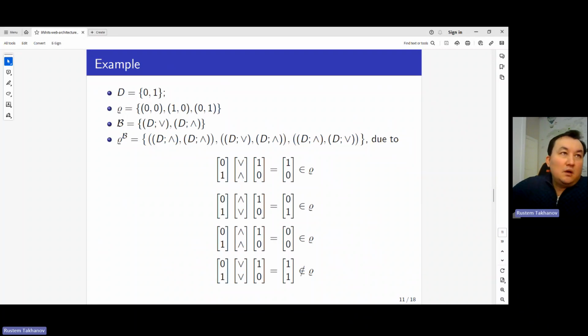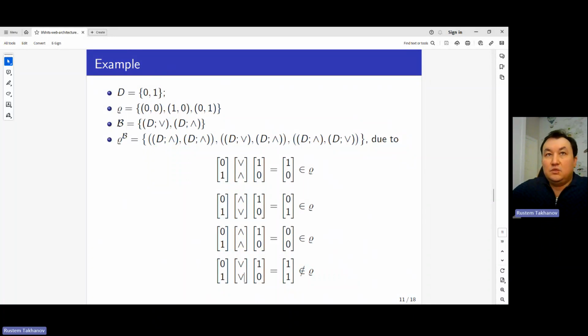It is easy to see that all pairs (conjunction, conjunction), (conjunction, disjunction), (disjunction, conjunction) are going to preserve rho, except for (disjunction, disjunction). Why? It's easy to see that when you apply disjunction, disjunction to two elements from rho, (0, 1) and (1, 0), the result will be (1, 1), which is not in rho. So that's why (disjunction, disjunction) does not element-wise preserve rho.